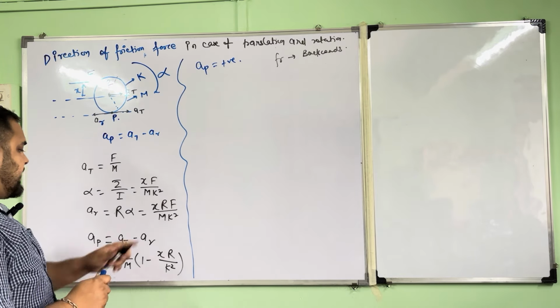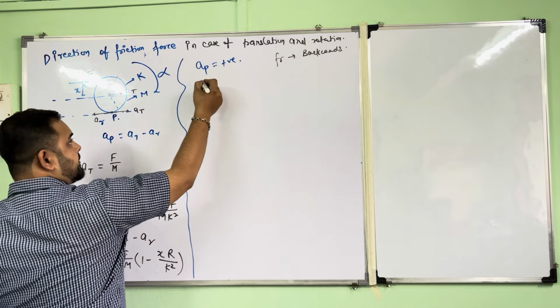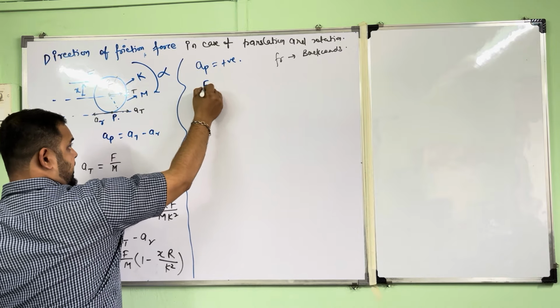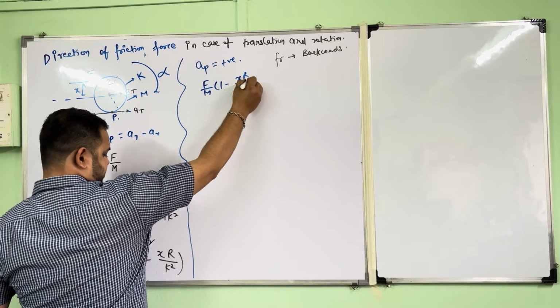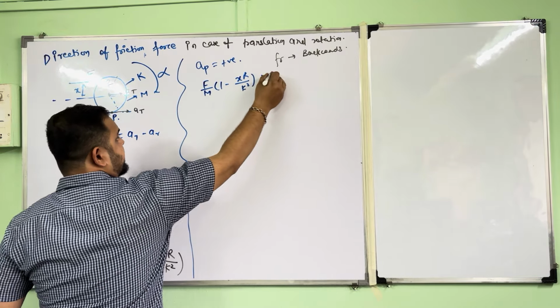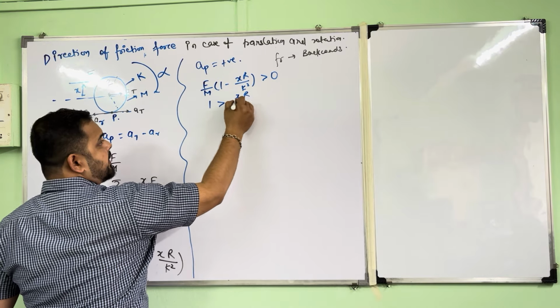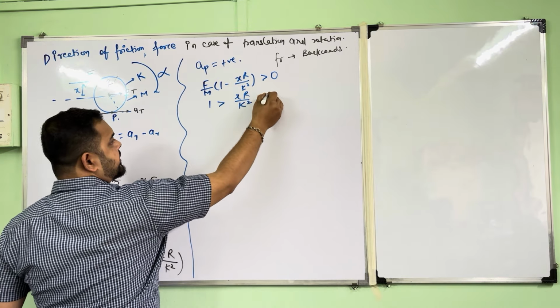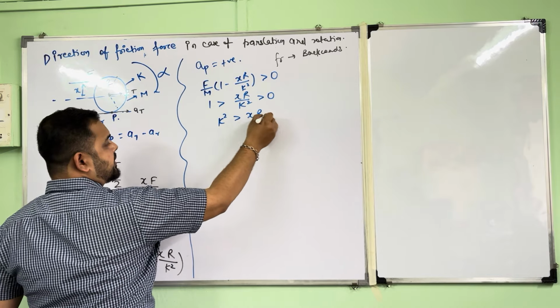If AP is positive, then F by m times (1 minus xR divided by k square) is greater than 0. That means 1 is greater than xR by k square, so k square is greater than xR.